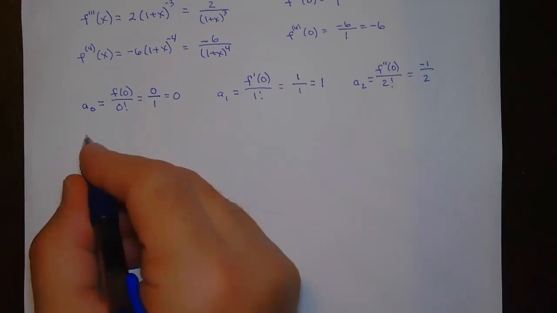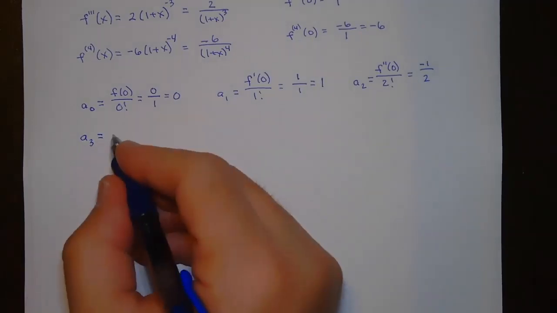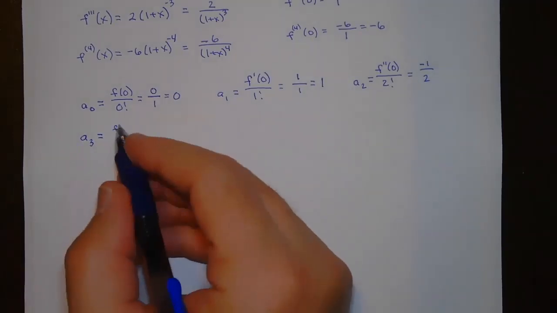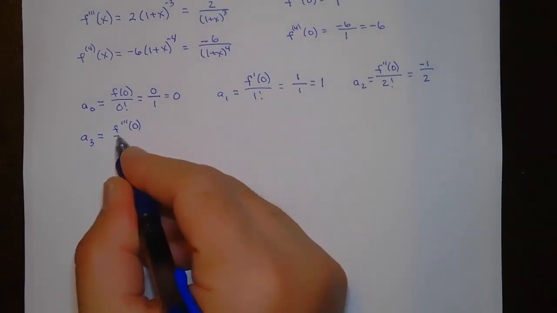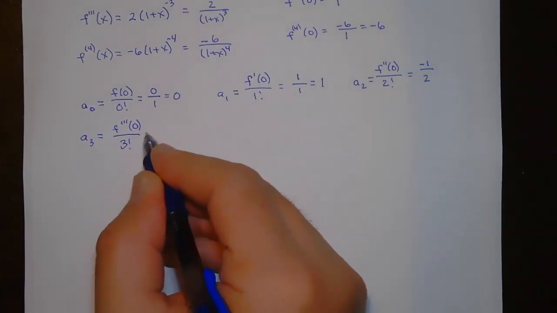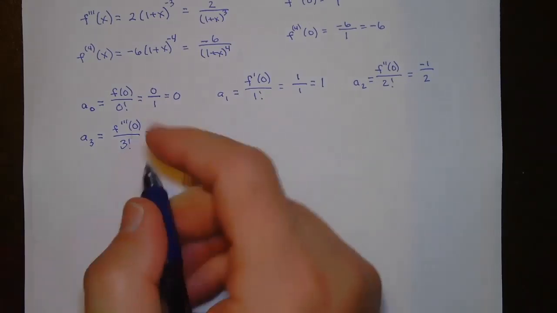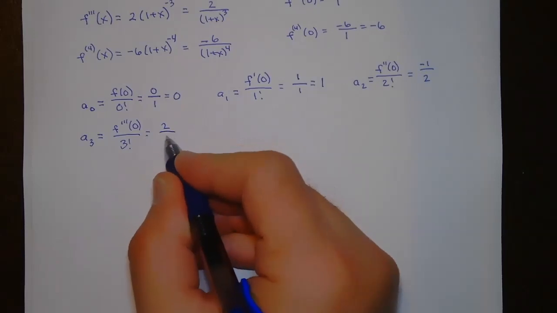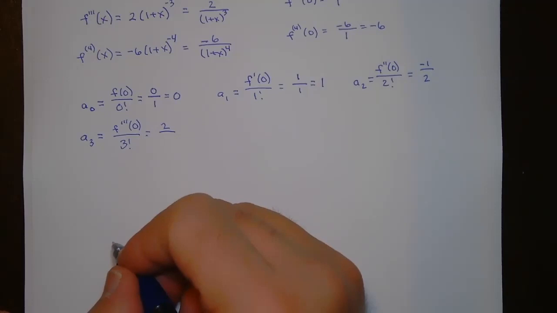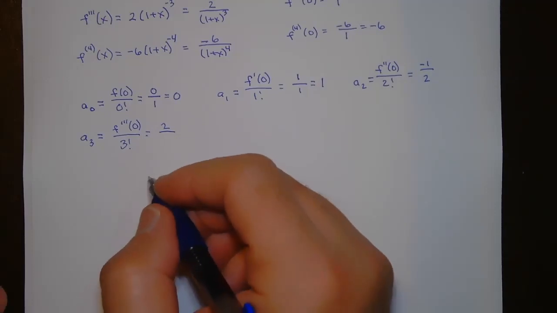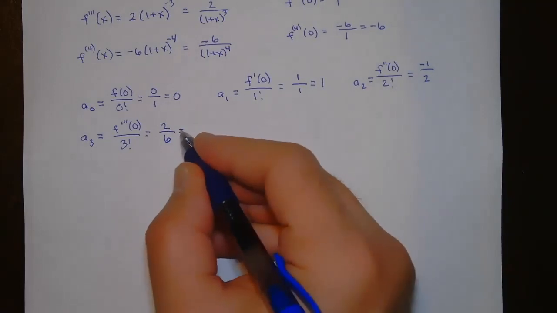And then a sub 3 is going to be f triple prime at 0 divided by 3 factorial. F triple prime of 0 was 2. So this is 2 over 3 factorial. 3 factorial is 3 times 2 times 1, so 3 times 2 is 6, times 1 is still 6. So this is 2 over 6, but we'll reduce that and make it 1/3.